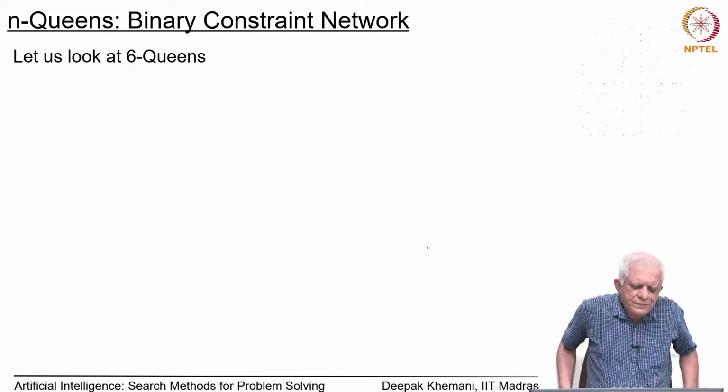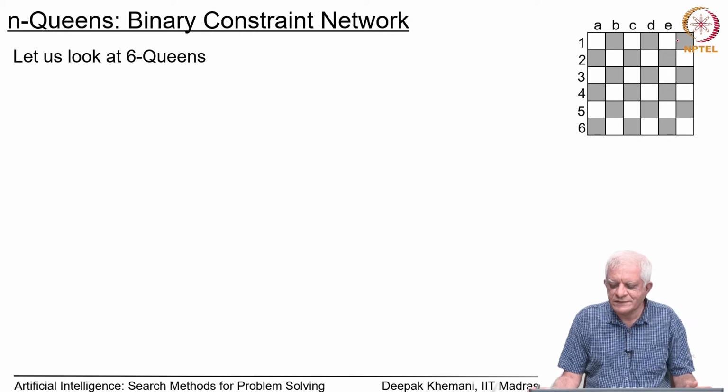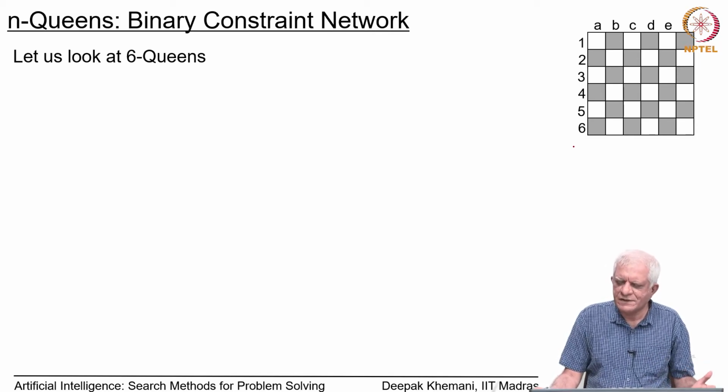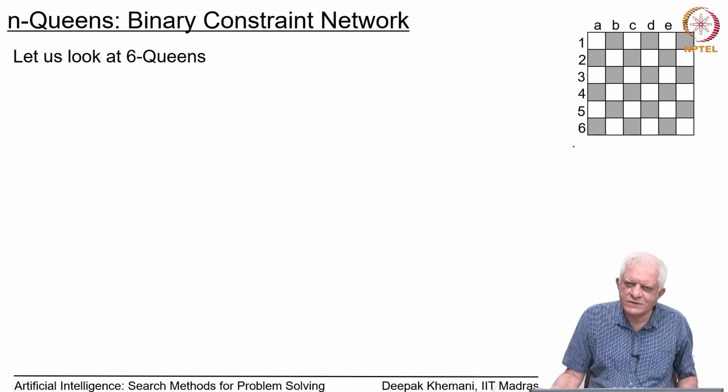Now, in the 6 queens problem that we are looking at here, I have used A, B, C, D, E, as is common practice, as column names, and 1, 2, 3, 4, 5, 6 as row names. So, any combination of a row name and a column name identifies a particular square, and then the task is to find out whether you are going to place a queen on that square or not.